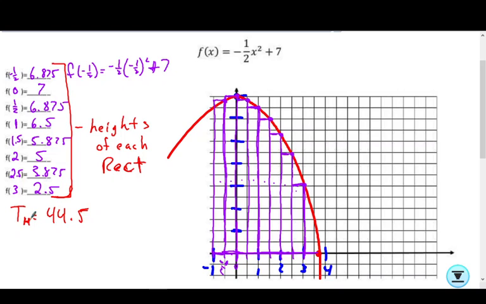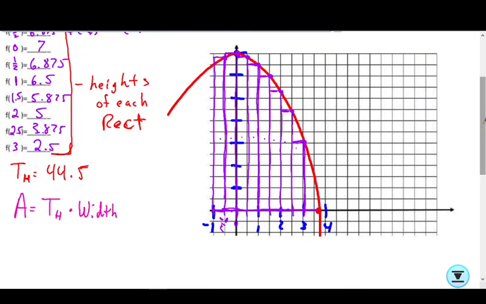And again, this is just the heights. But now what I'm looking for is my area, which is going to be my total height times the width of each rectangle. In this case, since all of my rectangles have the same width, I can do this.